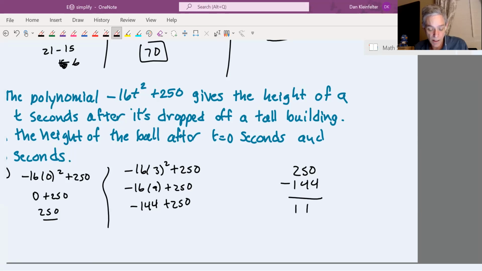Sorry, I can't go left to right this time because a borrow is needed. Sometimes I subtract from left to right when there's no borrow needed, but this time a borrow is needed. Okay, so that's going to be 106, looks like. That's in feet.